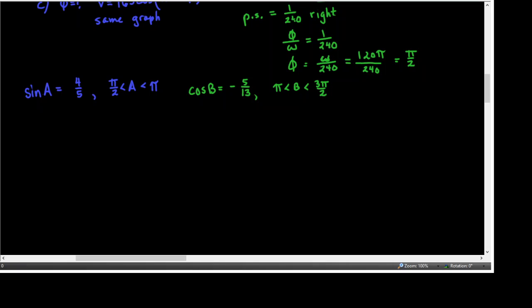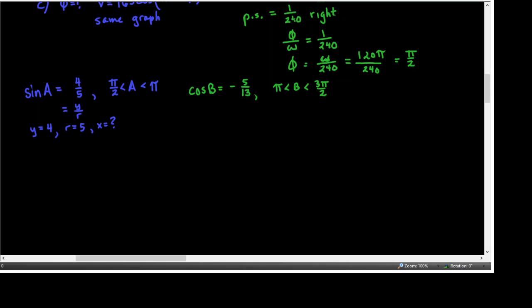So let's remember that sine, I probably should have given myself some more room, but I didn't. Anyway, sine is y over r. And so I can safely assume that I could let y equal 4 and r equal 5. And if I'm supposed to find cosine of a, I'm going to need to know what x is.